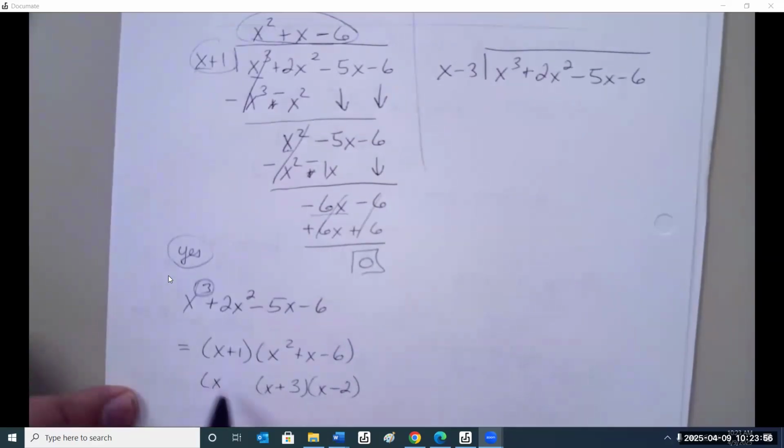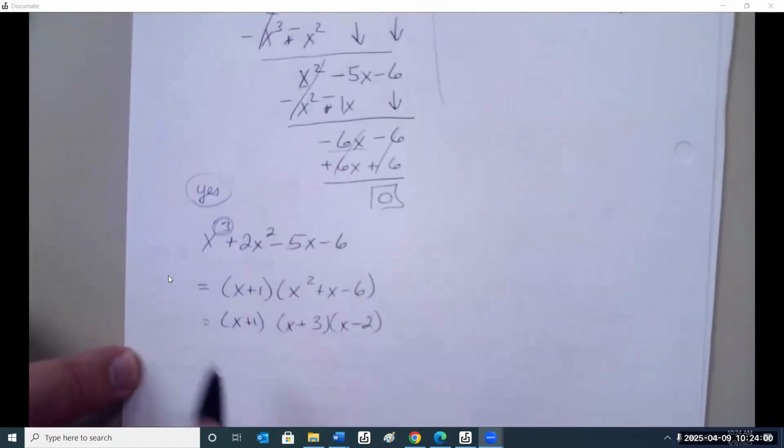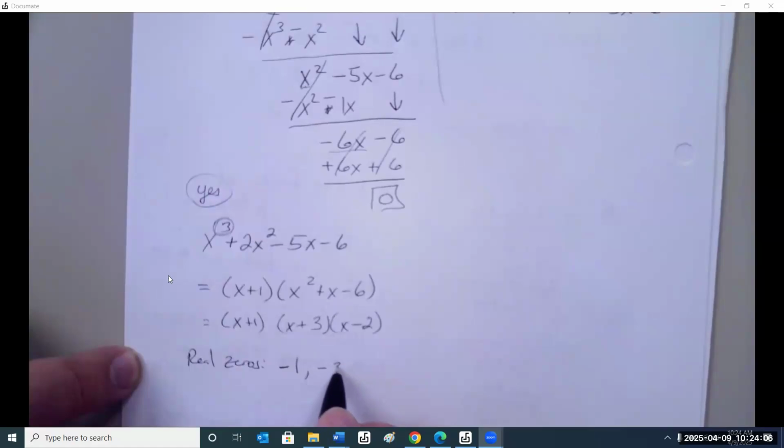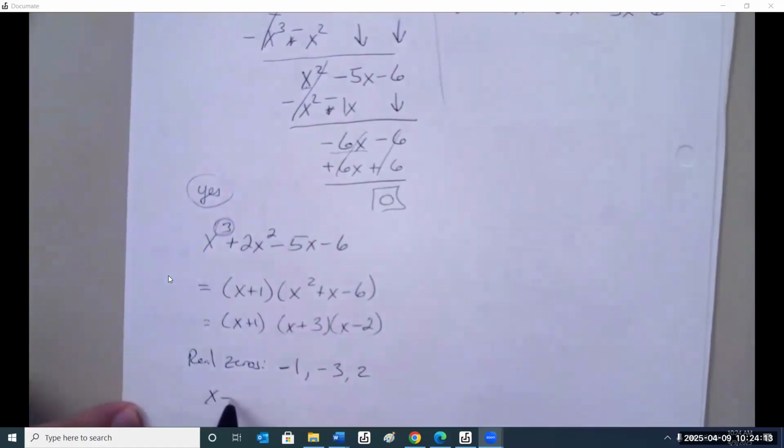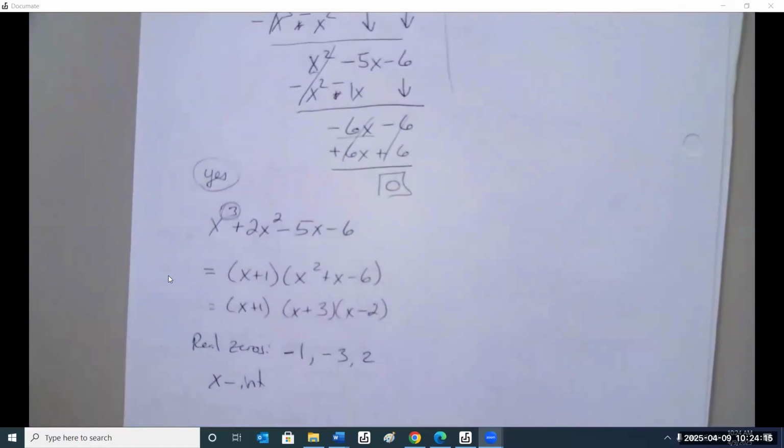So these are our factors. So the real zeros are negative 1, negative 3, and positive 2. Those are my x-intercepts. That's how it's going to work.